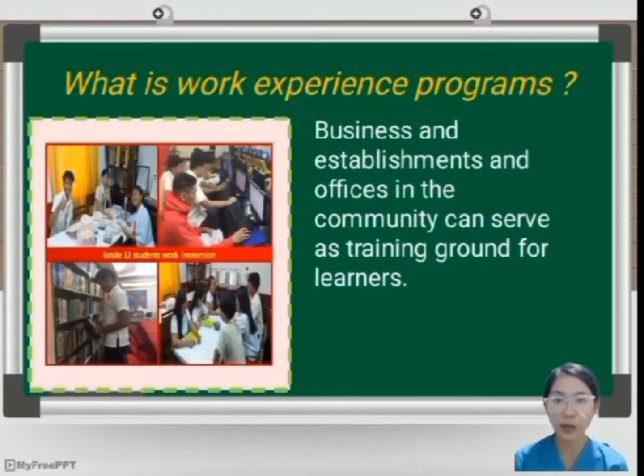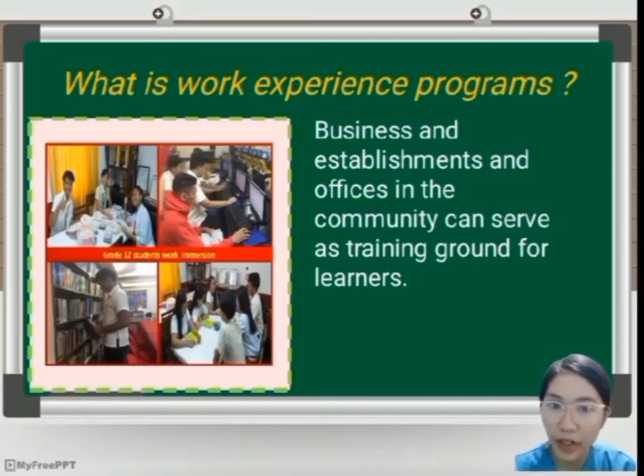What is work experience program? Business establishments and offices in the community can serve as training ground of learners. A concrete example of work experience program is the work immersion, which is required for senior high school students.